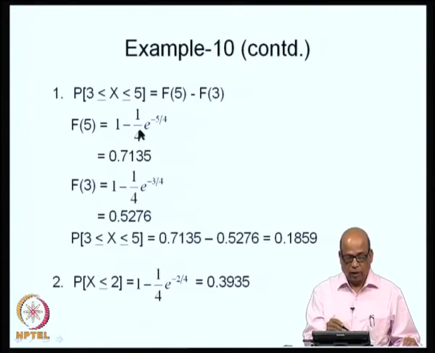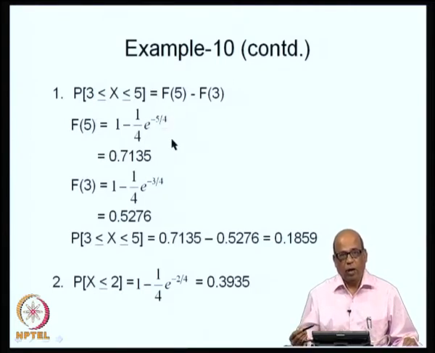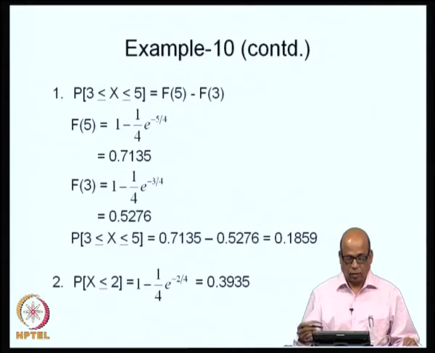So, F of 5 is 1 minus e to the power minus 5 by 4 divided by 4, that is, we are talking about F of x is equal to 1 minus lambda e to the power minus lambda x. So, this you get as 0.1735, and similarly we get the probability of x lying between 3 and 5 is equal to 0.1859.